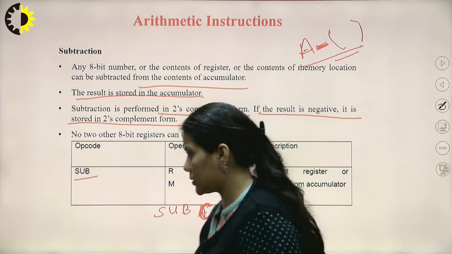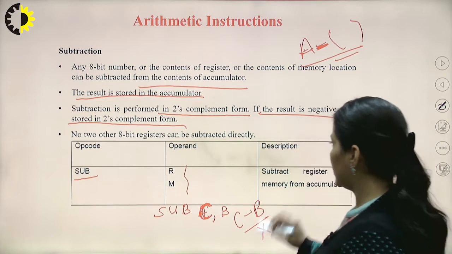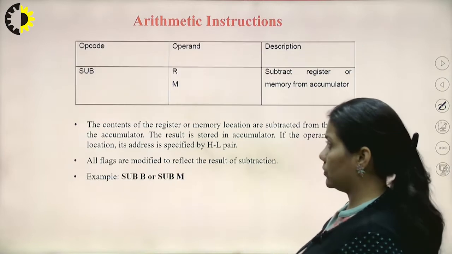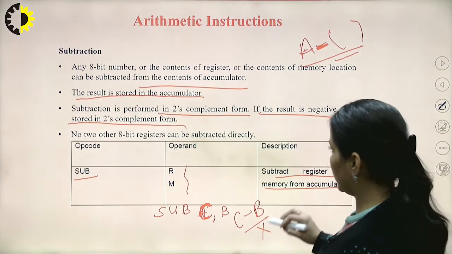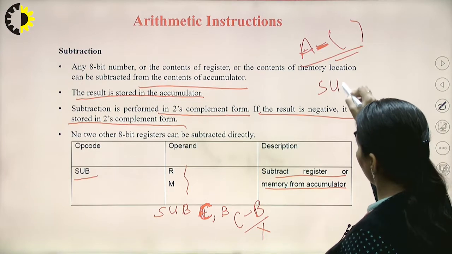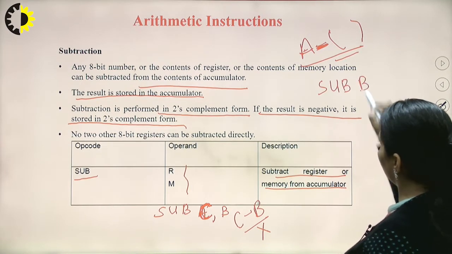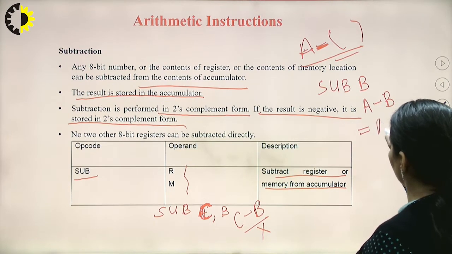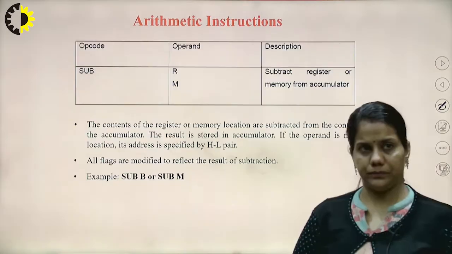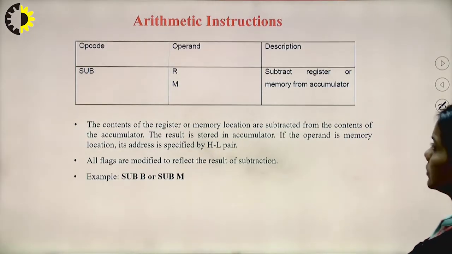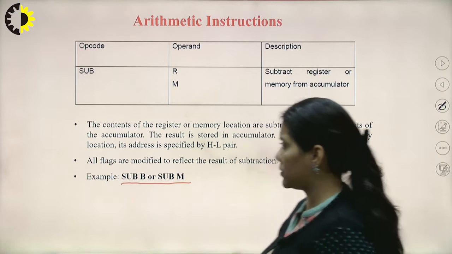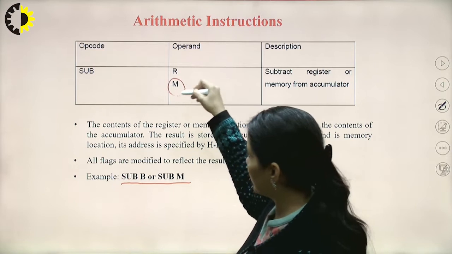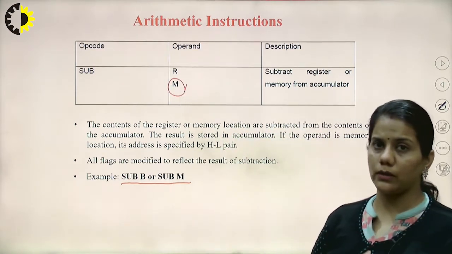The format of this instruction is SUB R or M. It will subtract the register or the memory from the accumulator. For example, SUB B means this instruction will perform A minus B and the result will be stored in A. Here we can see SUB B or SUB M, and again the M denotes the memory location pointed to by the HL register pair.